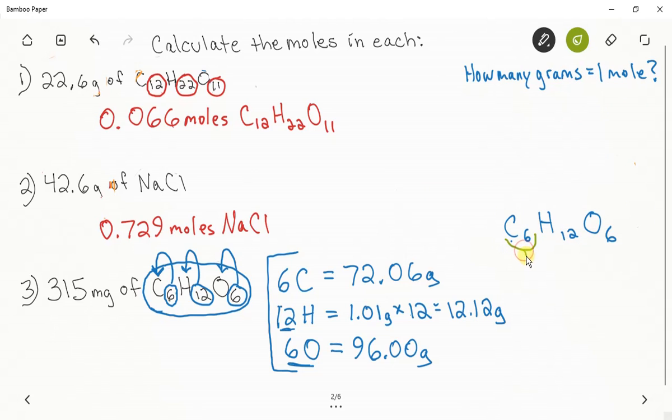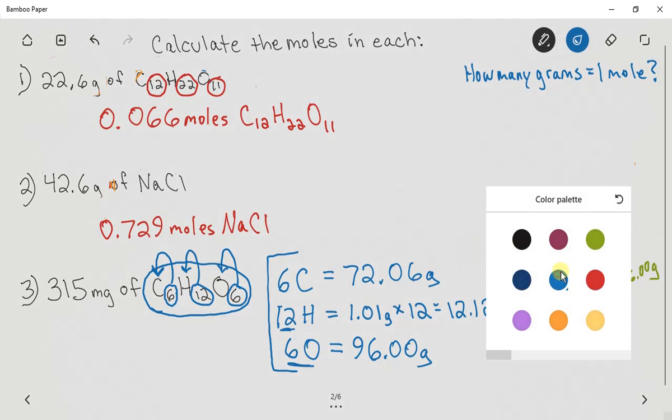This whole C6 here is 72.06 grams. This H12 here is 12.12 grams. And this O6 here is 96 grams. So all we have to do is add these together.